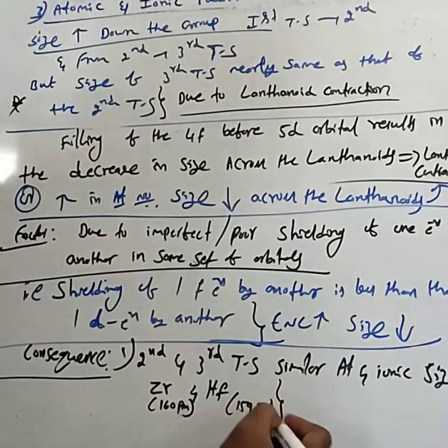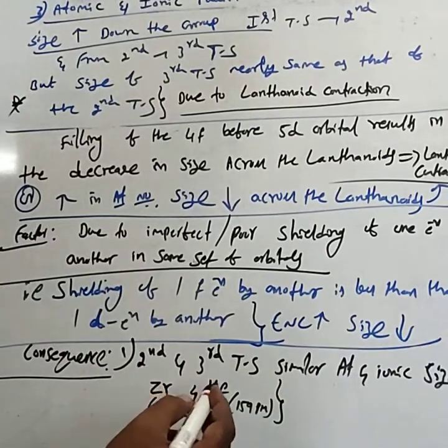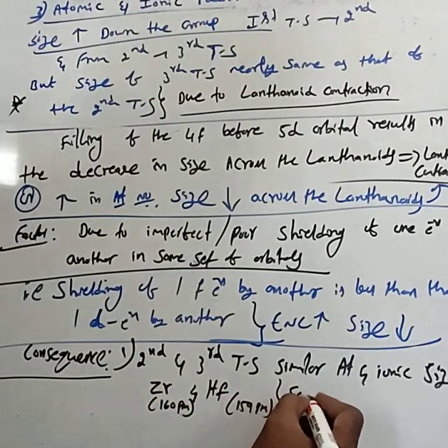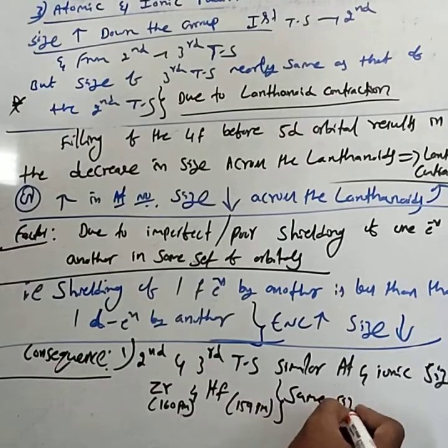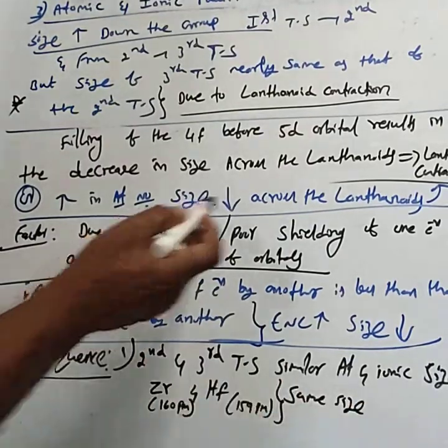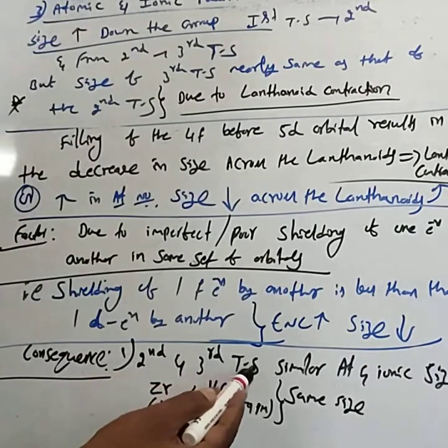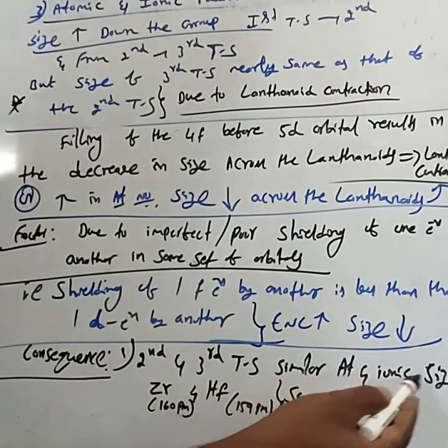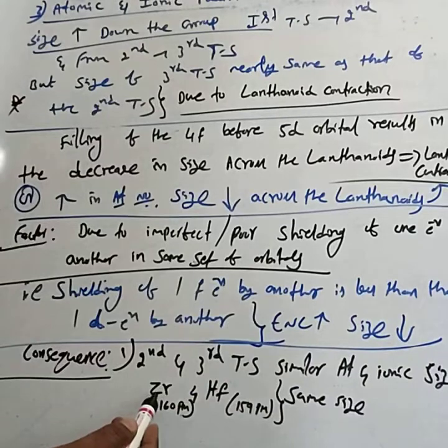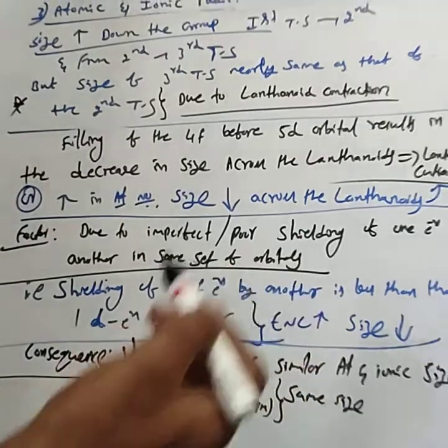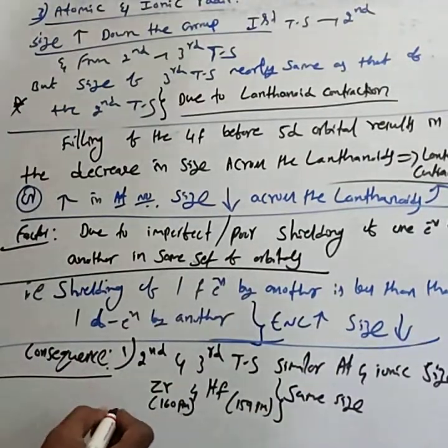They can ask: why do zirconium and osmium have the same atomic and ionic size? Due to lanthanoid contraction. This is the first consequence: the second and third transition series have similar atomic and ionic size, for example zirconium and osmium.